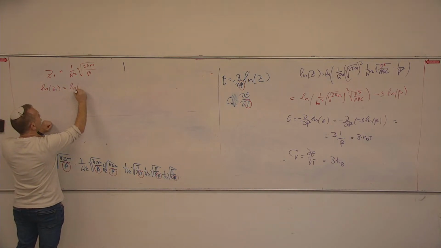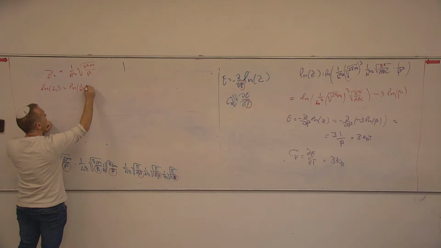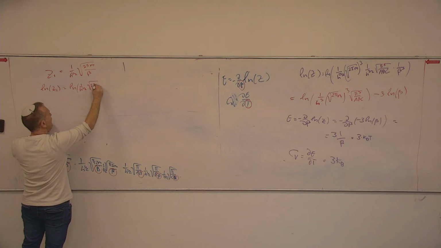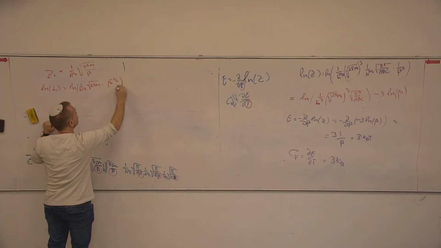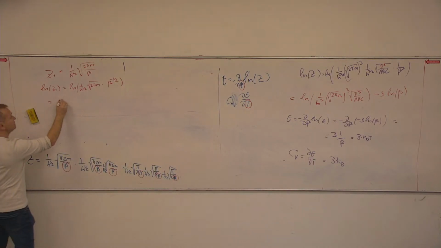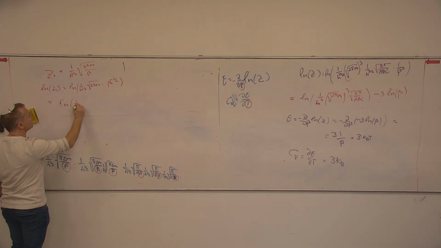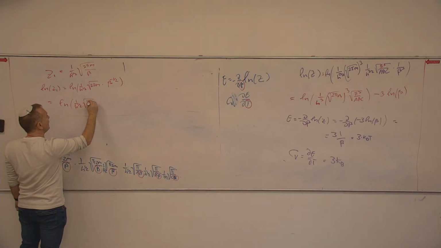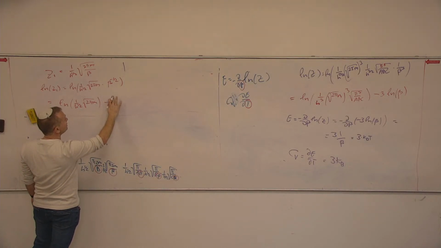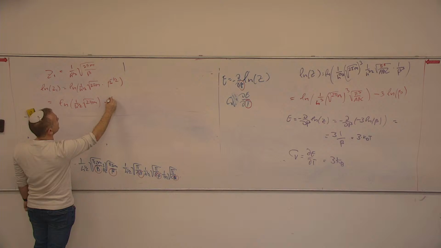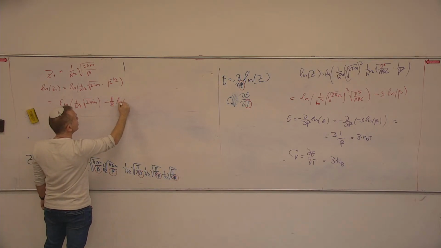A log of 1 over h to the 1/2, square root of 2 pi m, multiplied by beta to the power minus 1/2, which is a log of 1 over h to the 1/2, square root of 2 pi m, minus 1/2, right? Minus 1/2 log of beta.